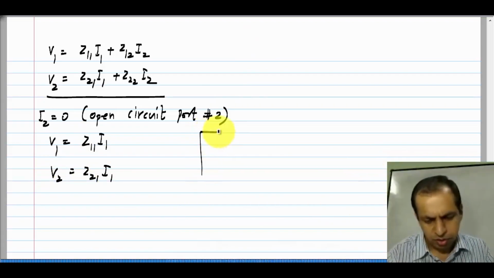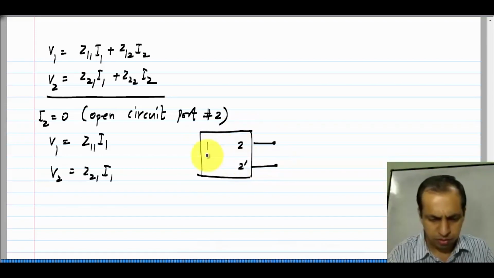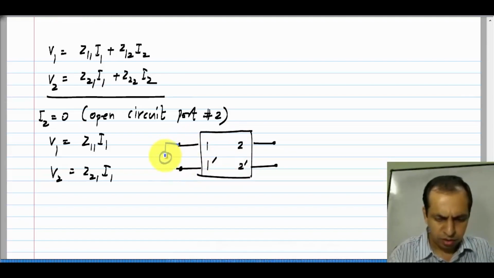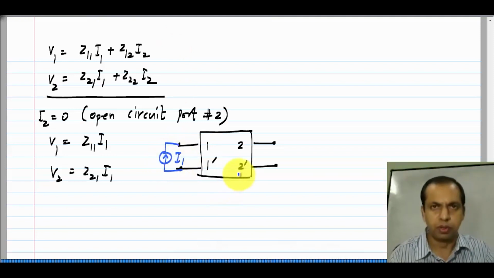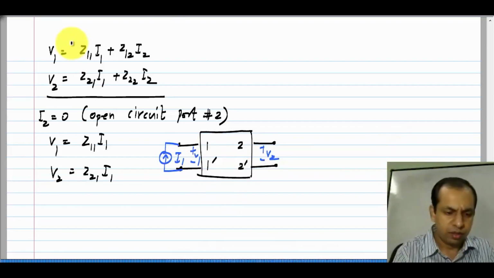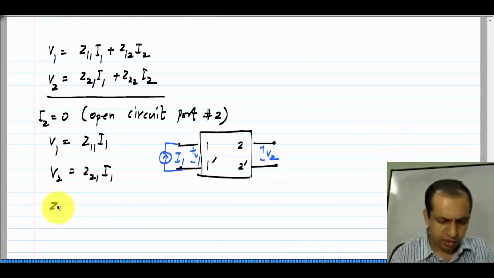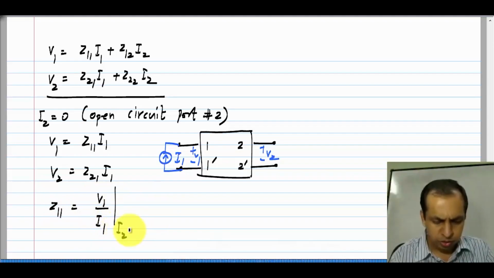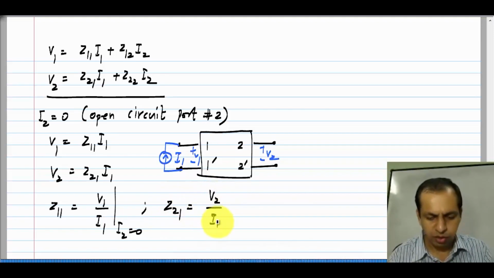In other words, you leave the second port open and you apply current I1 to the first port and you measure both V1 and V2. So, from that we easily see that Z11 is V1 by I1 with I2 set to 0. And similarly, Z21 is V2 by I1 with I2 set to 0.